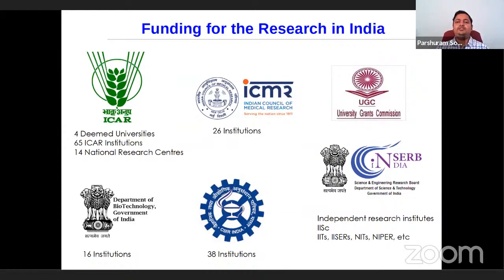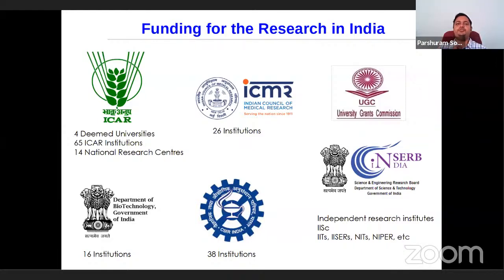And ICMR, I think you know very well with this COVID, Dr. Bhargava, the director of ICMR, was a key person in developing Covaxin, the indigenous vaccine for COVID-19. So this is how the main infrastructure is generated in terms of funding by the Government of India.